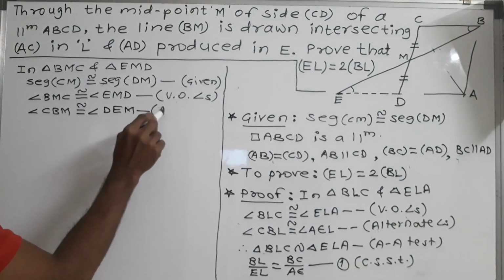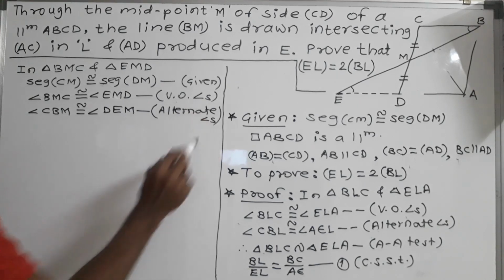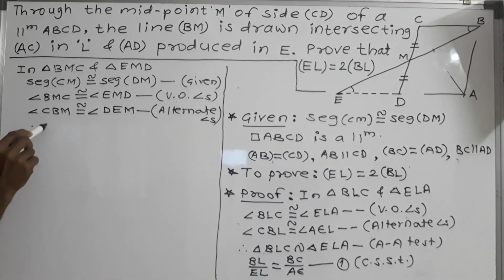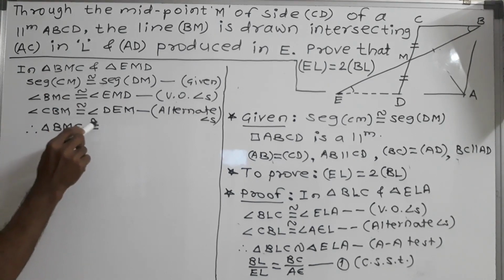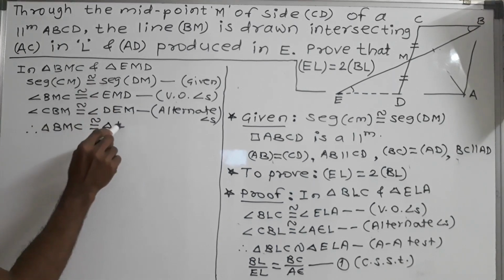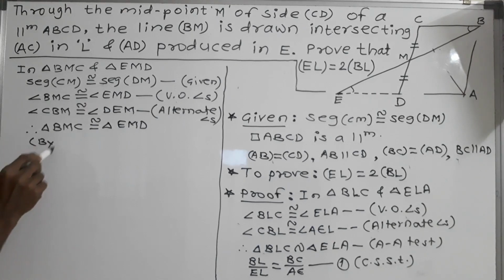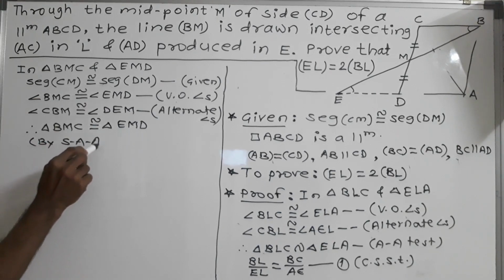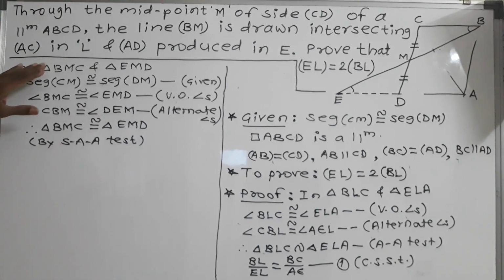These are alternate angles. Therefore triangle BMC is congruent to triangle EMD by the SAA test.